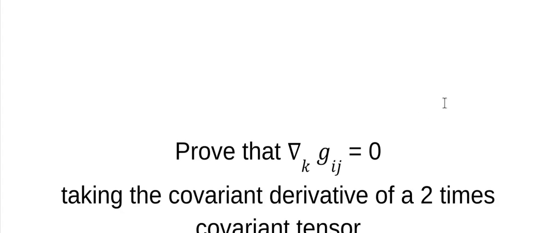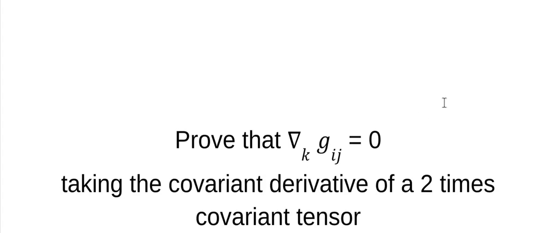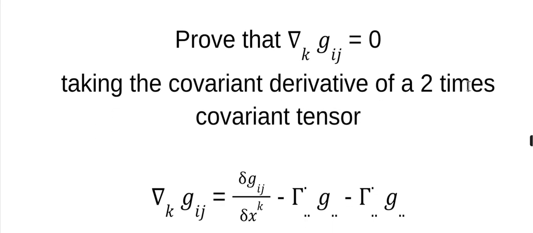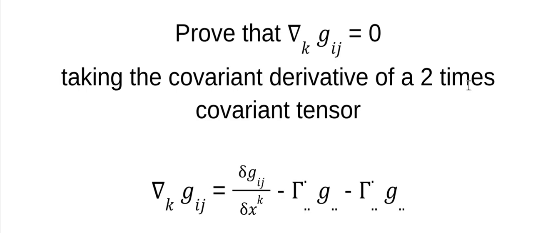So we're going to take the covariant derivative of a 2 times covariant tensor, right? Since we've got two covariant indices, we need two negative connections, and we've got 1, 2, 3, 4, 5 holes in each one of these.